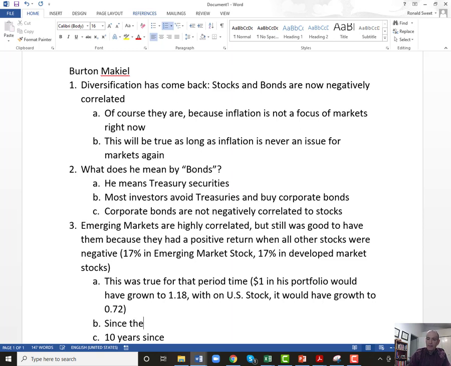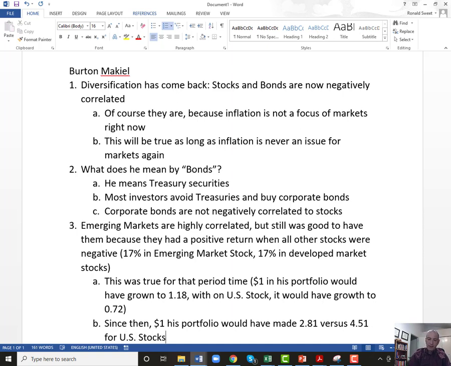Since then, if you'd reinvested $1 in his portfolio, it would have made $2.81 versus $4.51 for U.S. stocks.